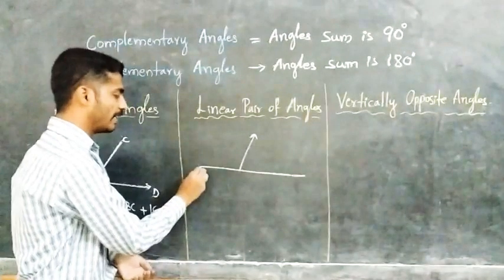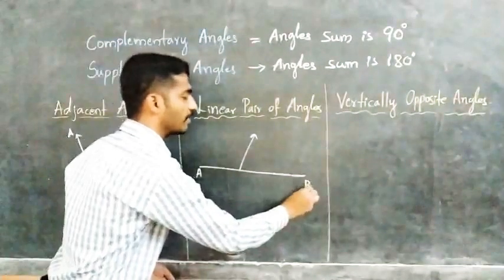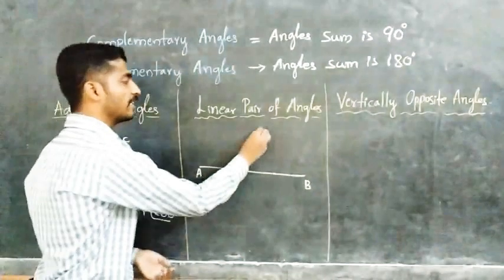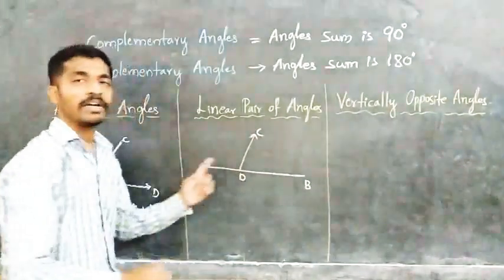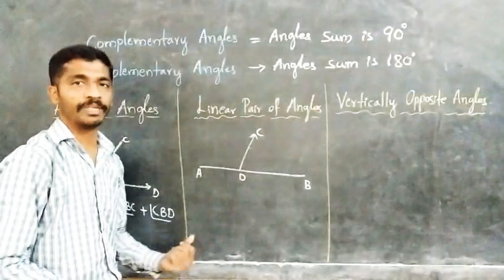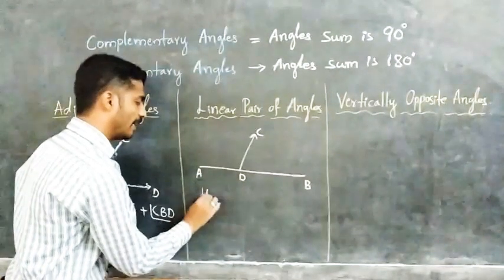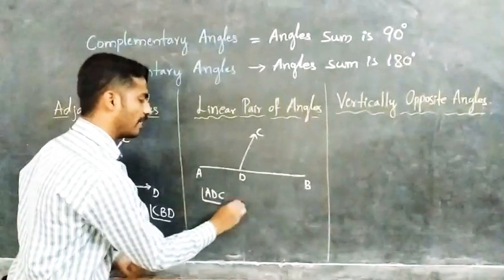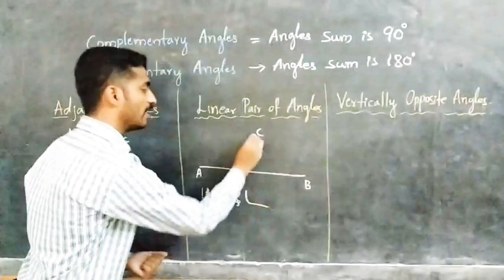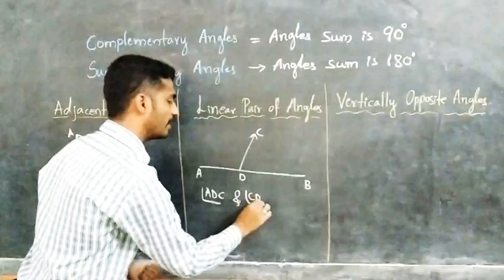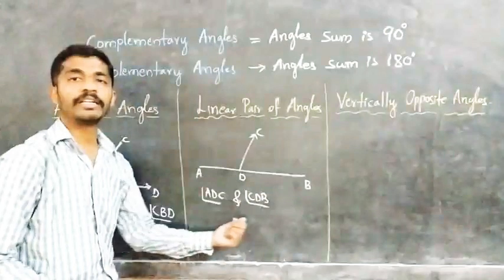So if I take A and B as our straight line and CD as our ray which stands on AB, then we can say angle ADC and angle CDB are a linear pair.